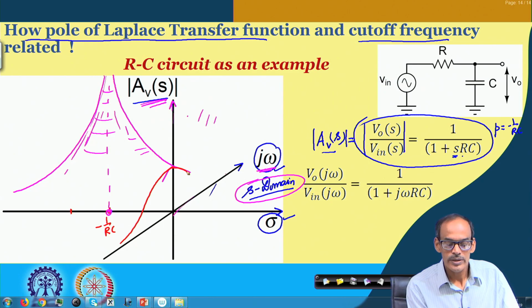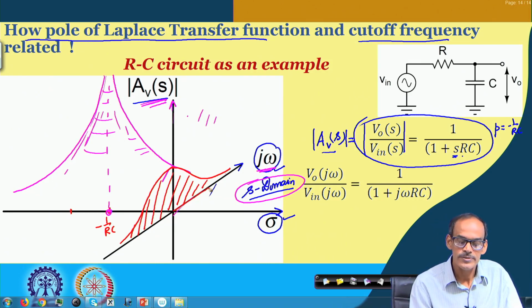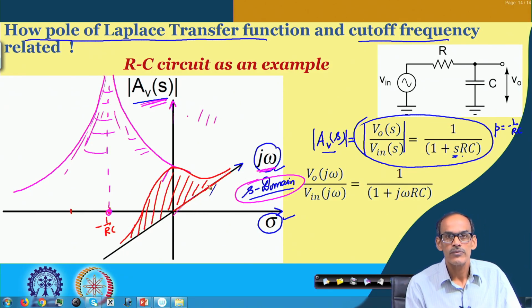So, the cut will show a profile like this, and what is the significance of this? Along this axis, which also represents values of s, the sigma part is equal to 0. Whenever we talk about sigma equal to 0, we are restricting our s domain only along this line.